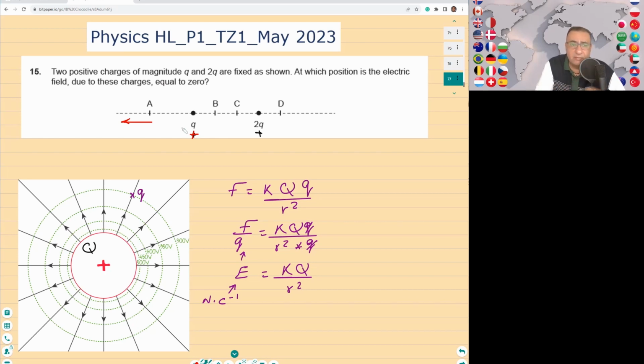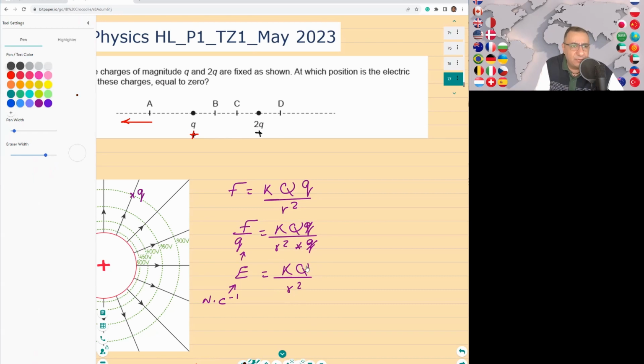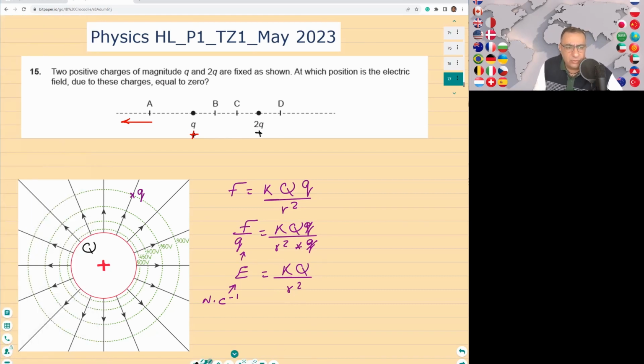And this is really the whole point of this question. Now, we have a positive charge here again, 2q, but the distance is much bigger. So basically, electric field strength is inversely proportional to the distance and directly proportional to the magnitude of the charge. Let me now keep it black for the 2q, and I'm going to draw another field strength.